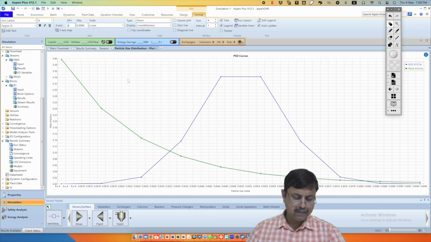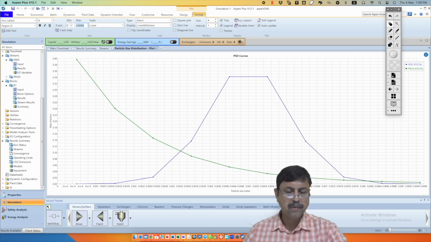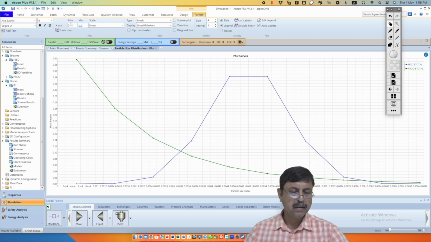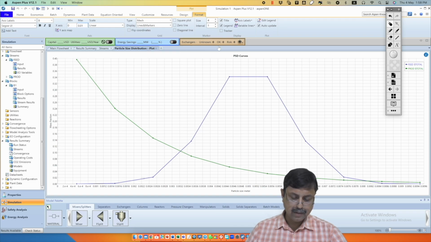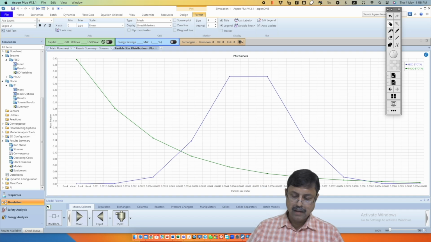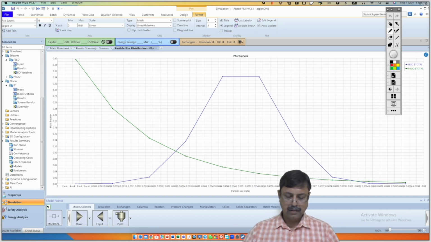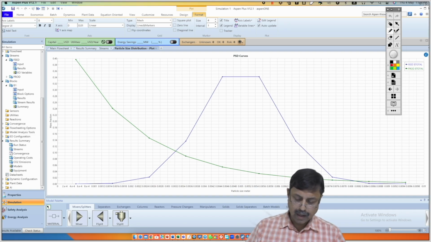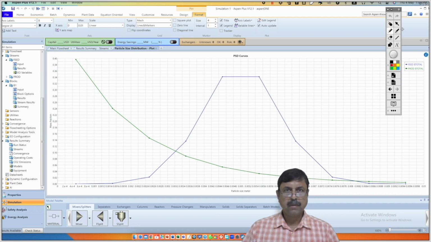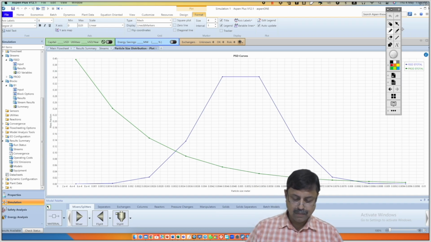And maximum, obviously, 0.01 rather. Okay, in a linear scale, right? So here it is true. So you can now compare the feed and product with more confidence.